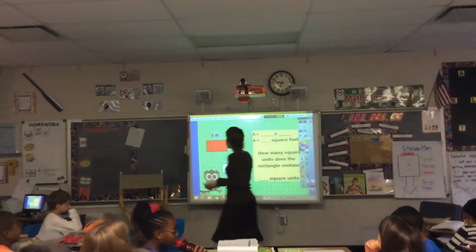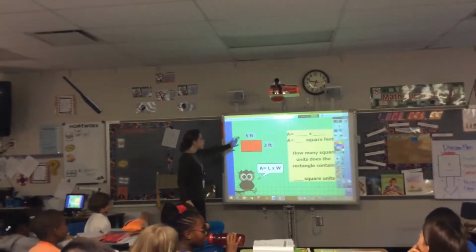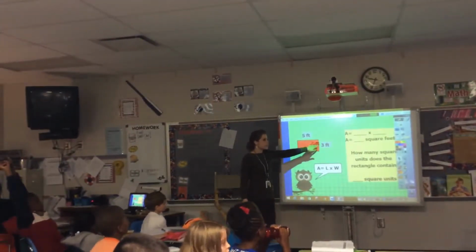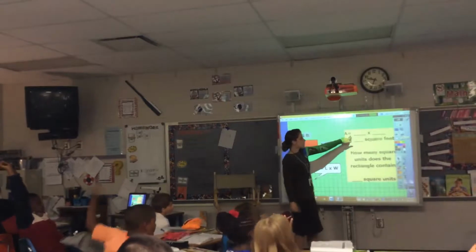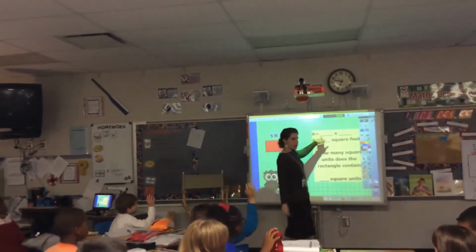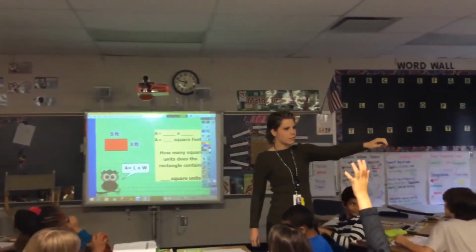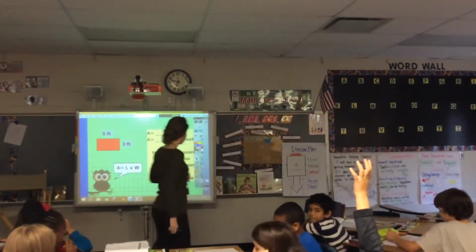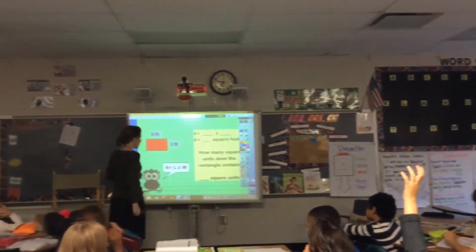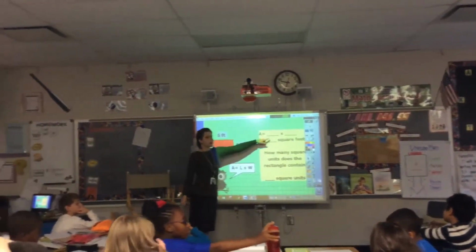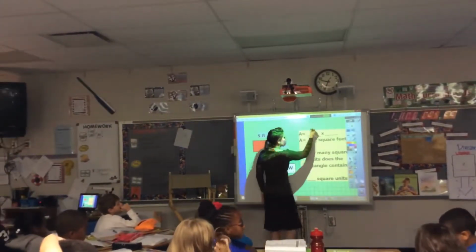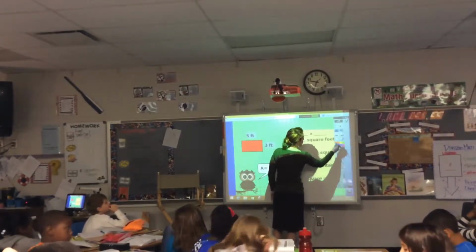Okay, so here's our first square. 5 and 3 feet. How are we going to fill out this one? What's your name again, bud? Caleb. You're going to find the answer using the area formula, length times width. Multiply 5 times 3. Okay, hold on.